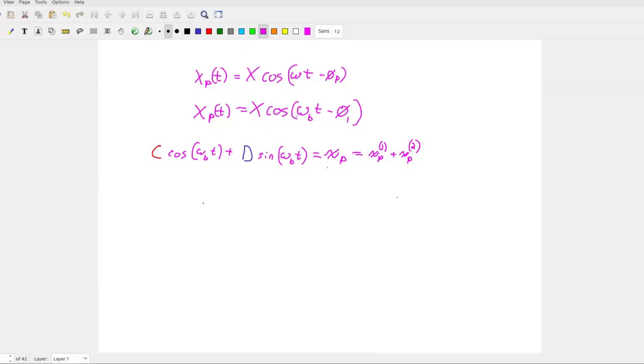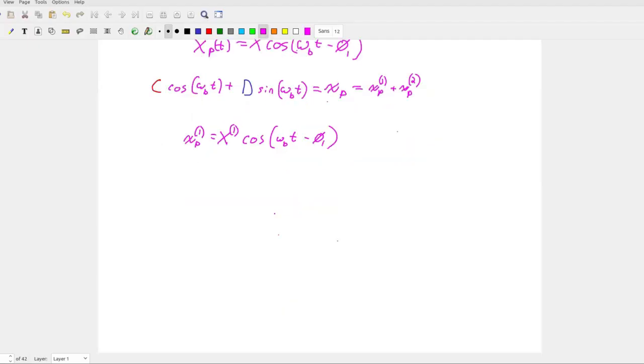If I drop the parenthesis t's just for simplicity, I can go x of p1 is equal to capital X, but it's of 1 because it's for my first solution, cosine of omega b t minus phi 1.